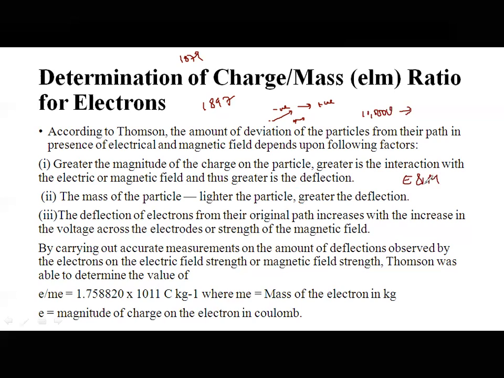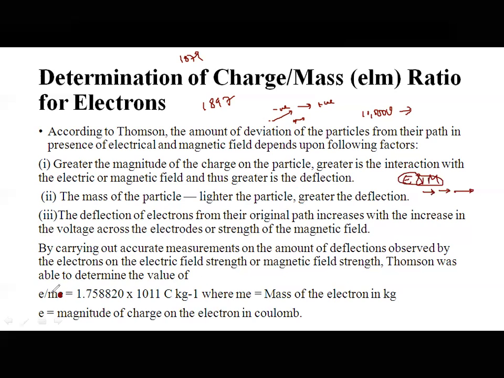He balanced these two fields and allowed the electrons to hit the screen. He observed that the electrons still moved in a straight direction. In the absence of electric and magnetic fields, the cathode rays were moving straight. Similarly, when he balanced electric and magnetic fields, these electrons moved in a straight direction. So using this concept, he calculated the e by m value.